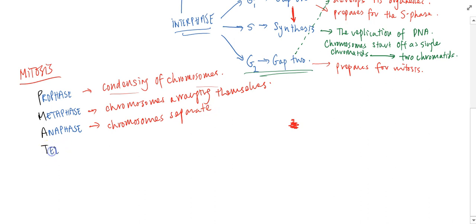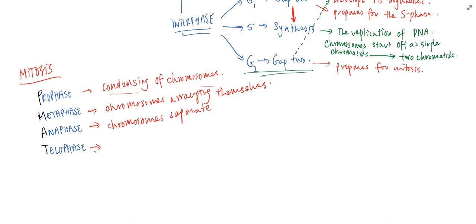And then telophase, I like to think of it as the very opposite of prophase. So in prophase, we see the condensing of chromosomes and the breakdown of the nuclear envelope.